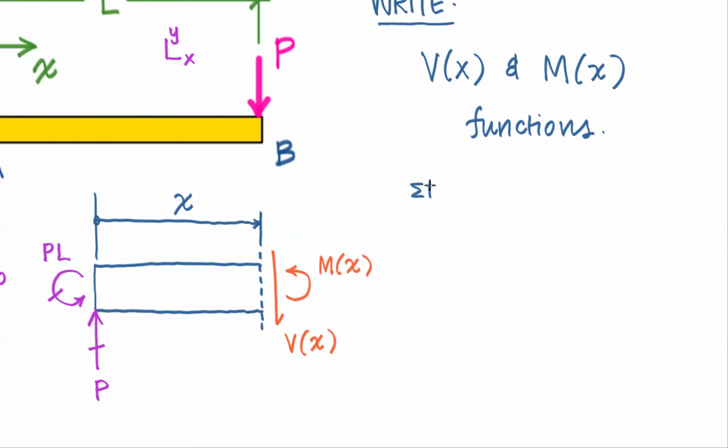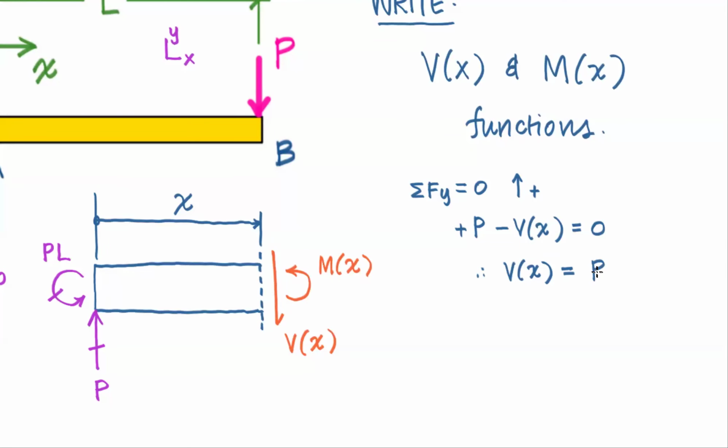So in order to write the shear function, we want to sum forces in the y direction equals 0, upward positive. How many terms? 1, 2. First term, P upwards. Next term, V of X downwards, so a minus sign, and set it equal to 0.